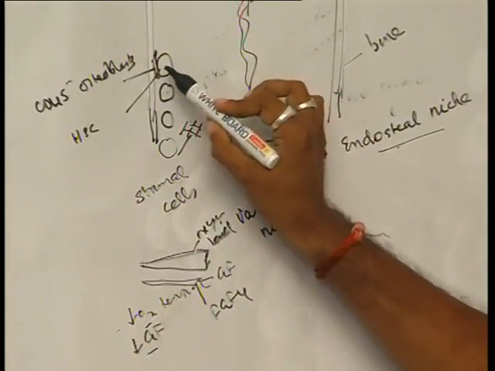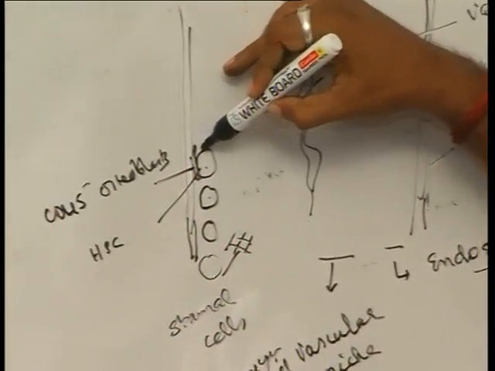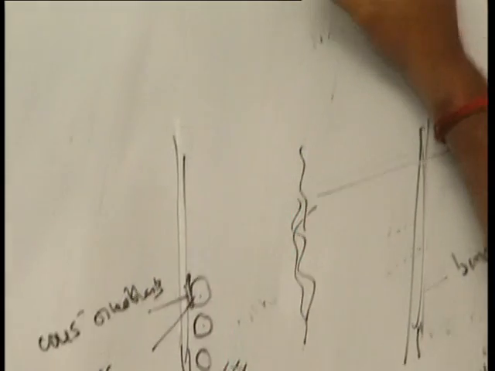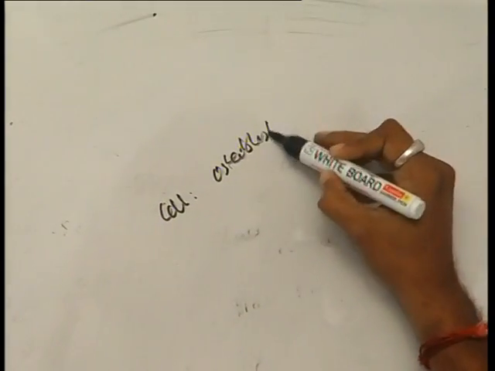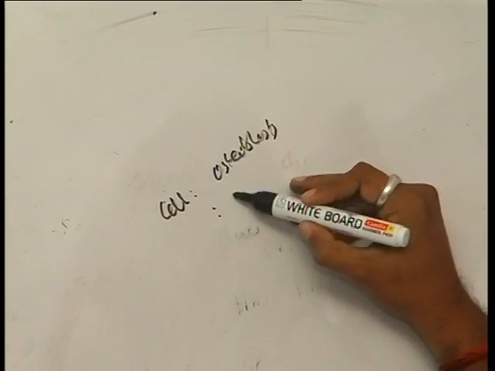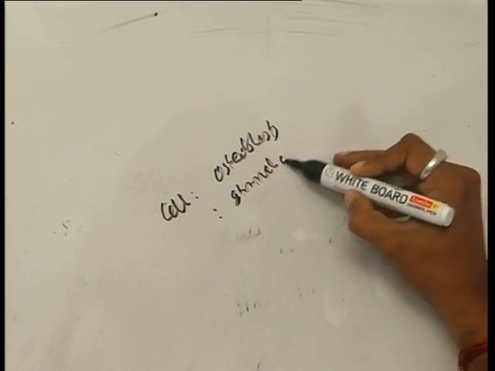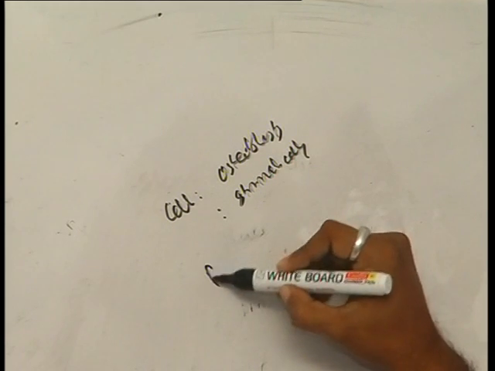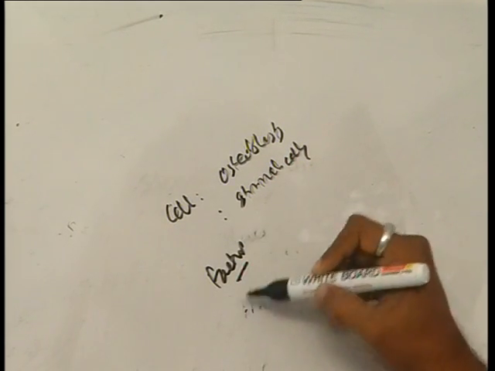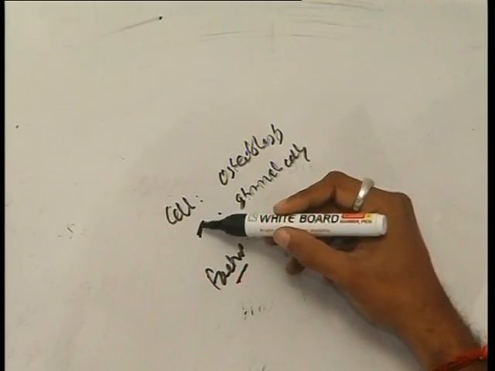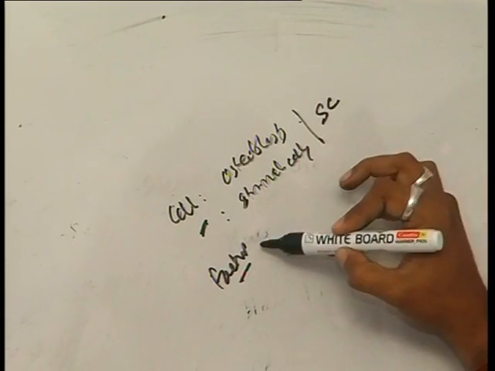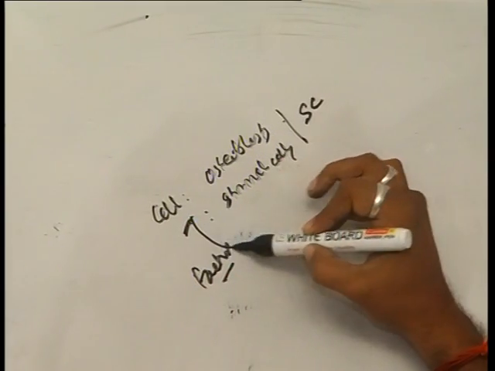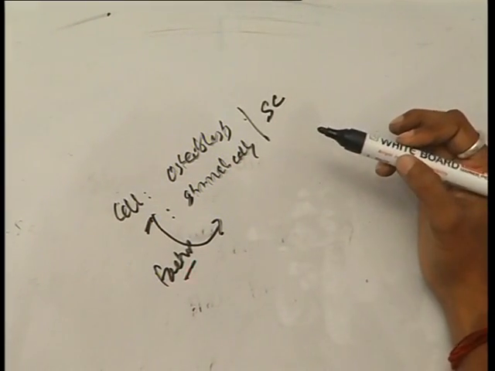Now what are the cells we have here? The cellular components are osteoblasts, and second, stromal cells, which are surrounding this one. The factors that are secreted by them, and also the cell to cell interaction, that is this cell to the stem cell, and the factors secreted by the cells also matter.